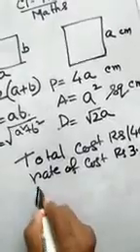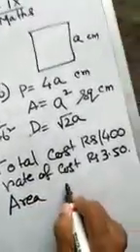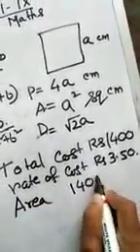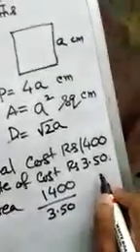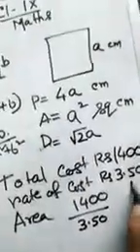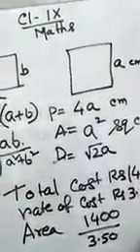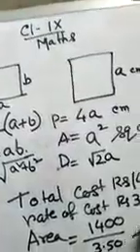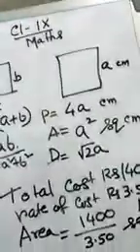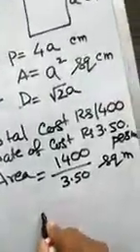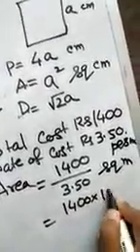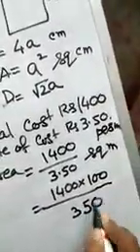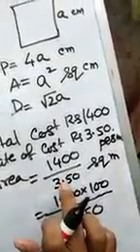Therefore, area is equal to 1400 by 3.50. It is per square meter, so area is in square meter. Now how do we calculate it? First we do 1400 into 100 by 350.